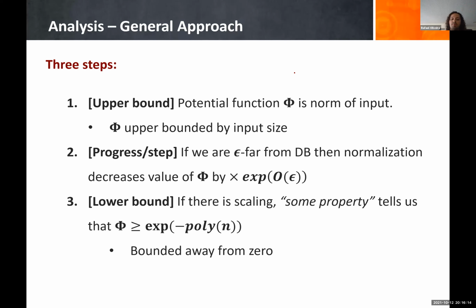Because what is the potential function? Our potential function is that the norm is our potential function. And we're saying that the norm is bounded away from 0 if I can scale to doubly balanced, right? So somehow this is capturing the null cone. And we just need to figure out what this property is, right?